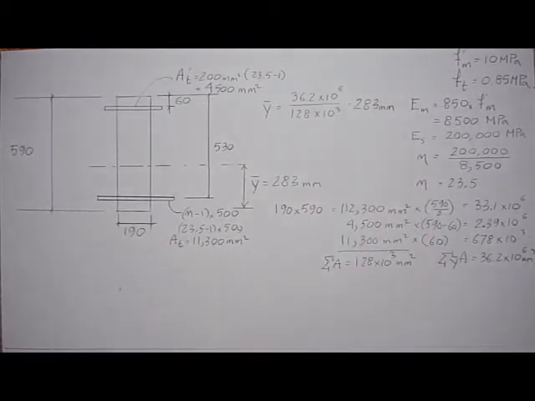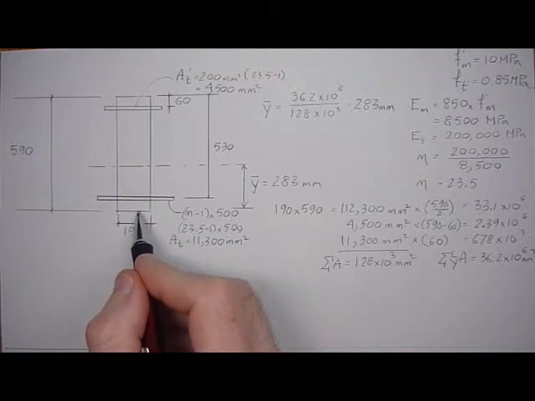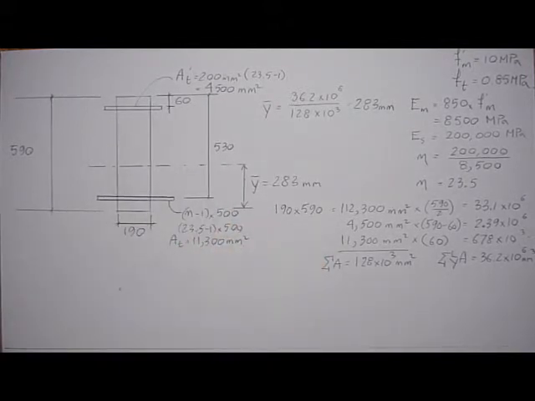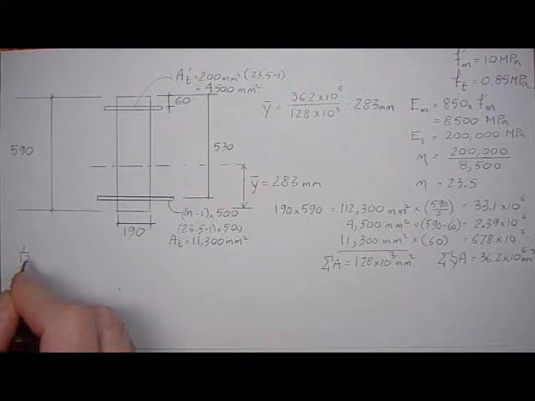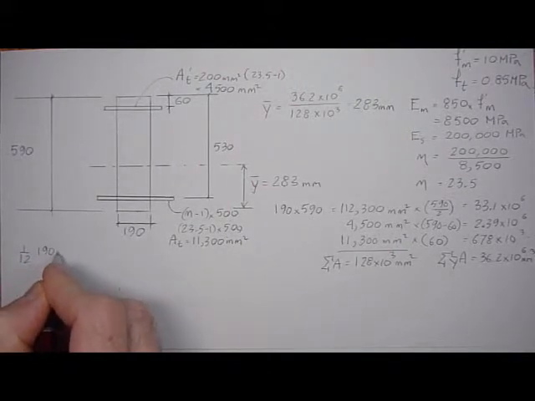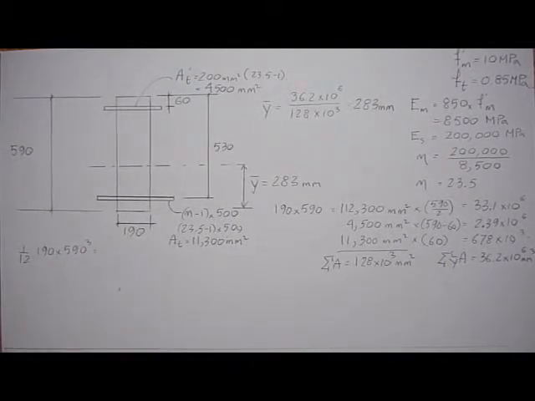Great. Now we can find out what the inertia of the section is, the I gross, and we'll break it up into components, and we'll take our Ad squareds about the base and use parallel axis theorem to bring it to this neutral axis. Okay, so let's start with the masonry. It has inertia one twelfth times the base 190 times the height cubed. So that's going to be 590 cubed times 190 over 12, 3.25 e to the 9th.